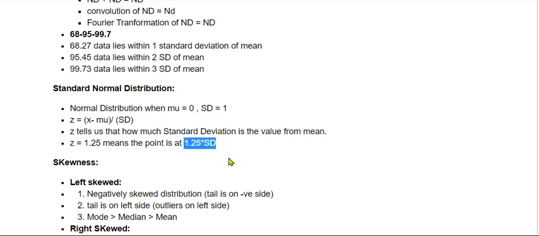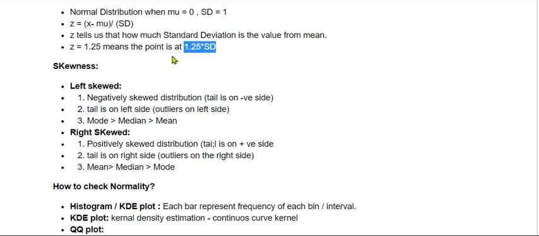So that is the standard normal distribution. In most cases, when we have to process the data, we have to bring the data into a normal distribution using this standard normalization, and for that we use z normalization.